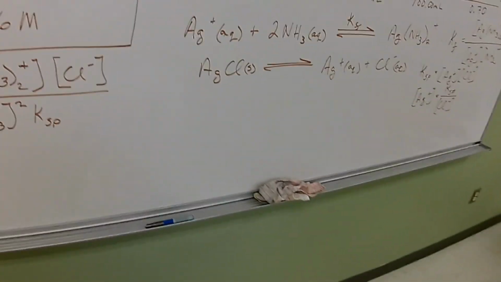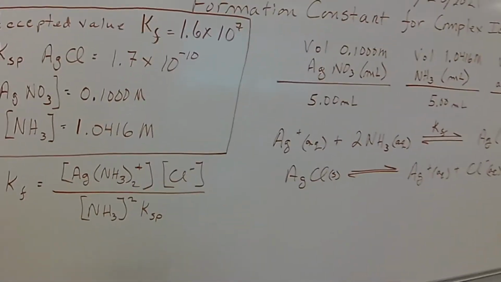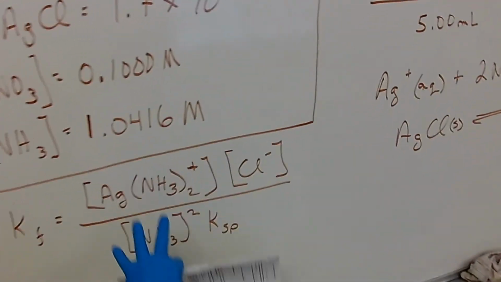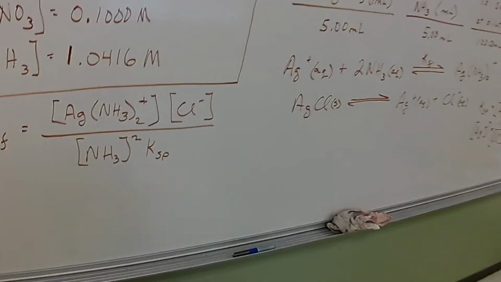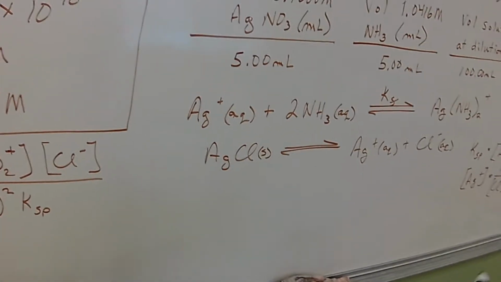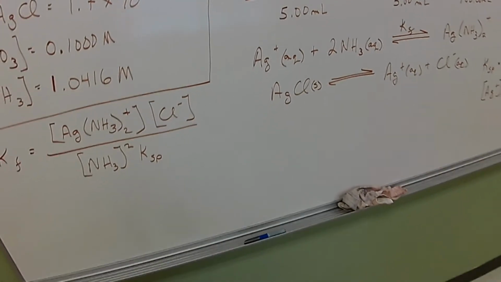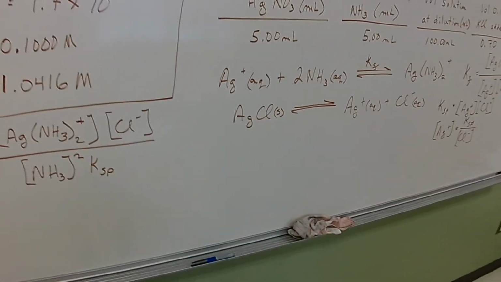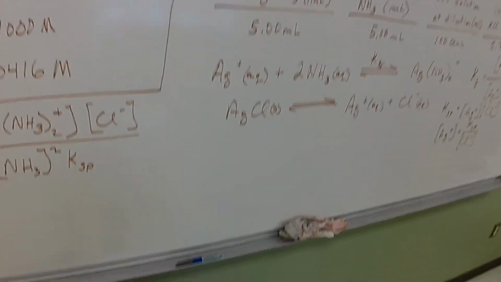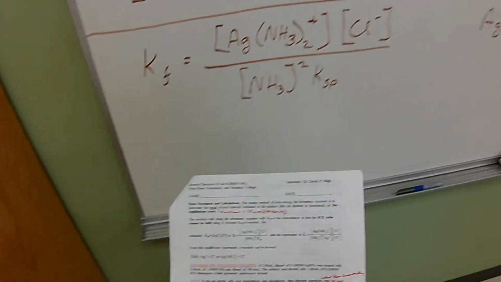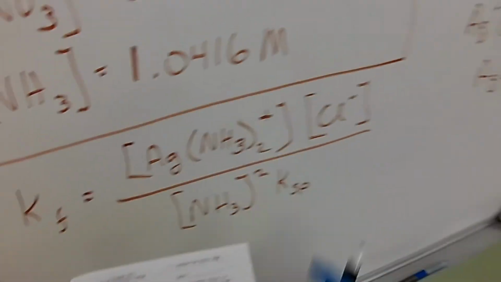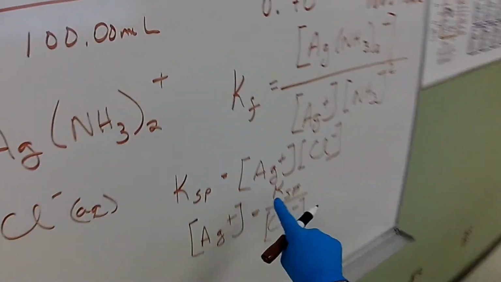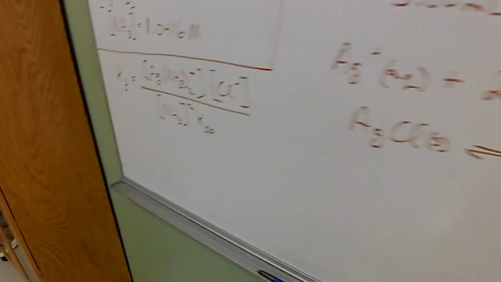So what I'm getting at is, we need to find a way to augment this equation such that we can produce another equilibrium expression and build an ICE table. Remember, initial, change, equilibrium. Build an ICE table. So in order to do that, we've got to substitute back in here what KSP is equal to. KSP is equal to silver times chloride.